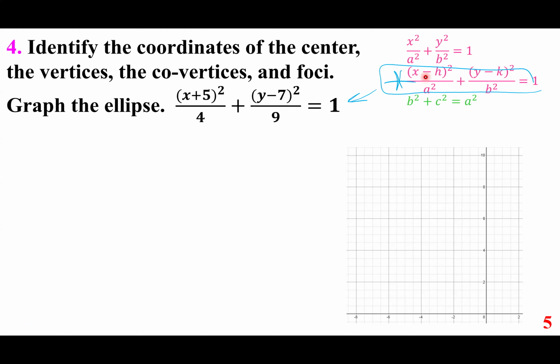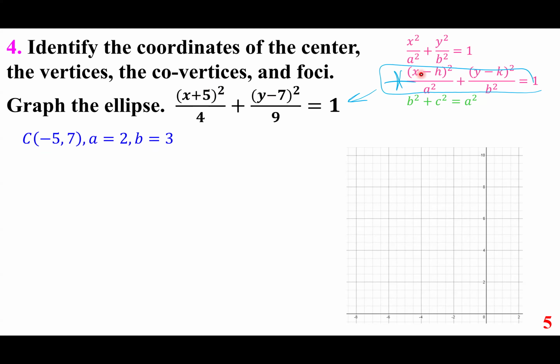When we compare, 4 is a squared, so a is 2, b squared is 9, b is 3, and it's centered at negative 5, positive 7. So it's a matter of comparison.